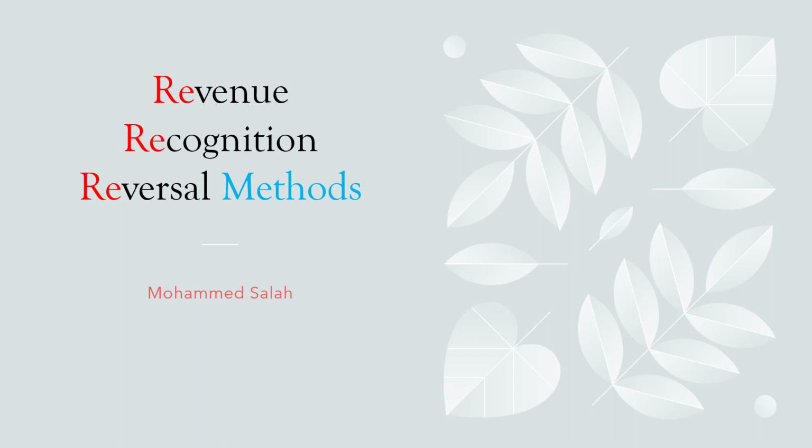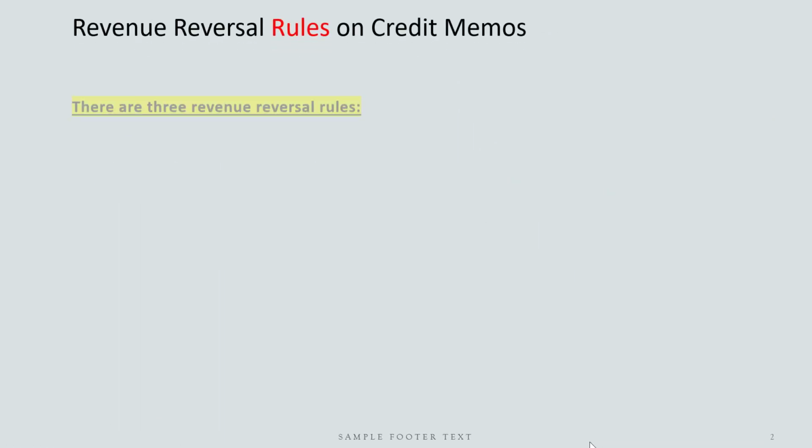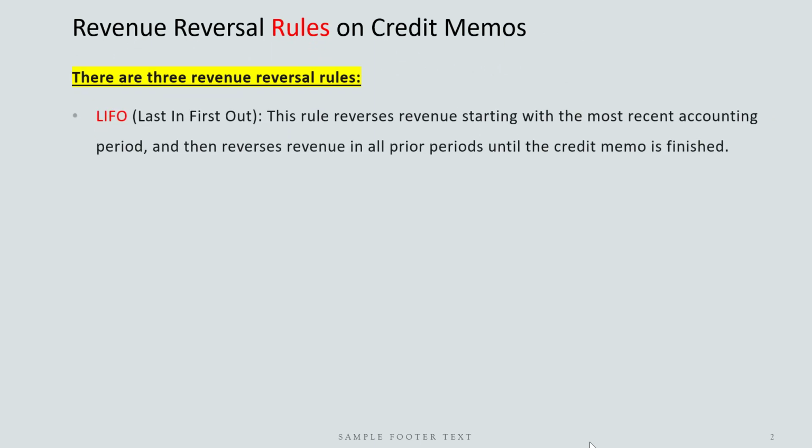There are three revenue reversal rules. The first one is LIFO, last in, first out. This rule reverses revenue starting with the most recent accounting period and then reverses revenue on all periods until the credit memo is finished.